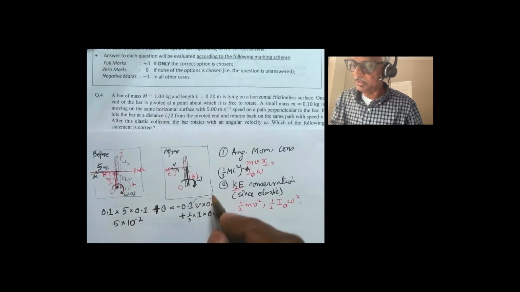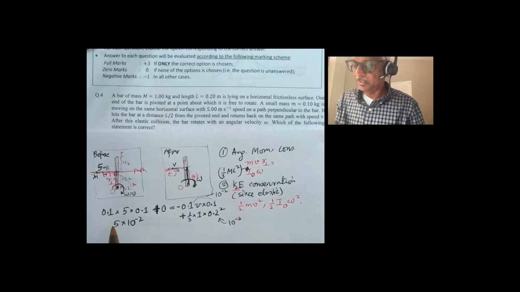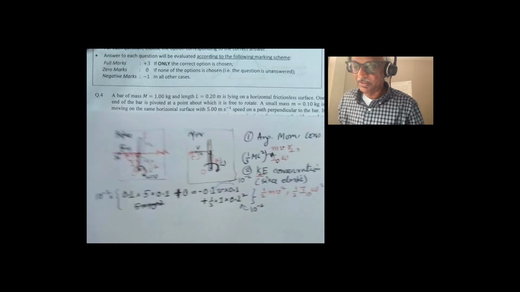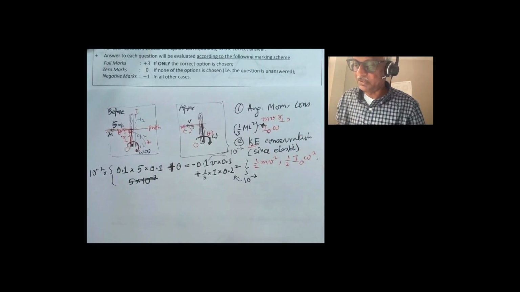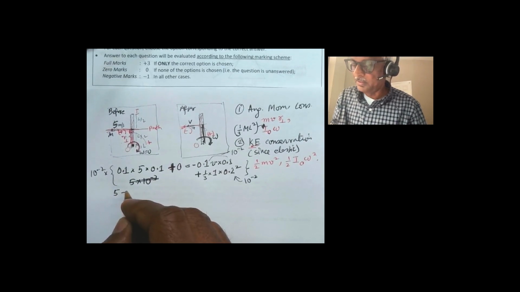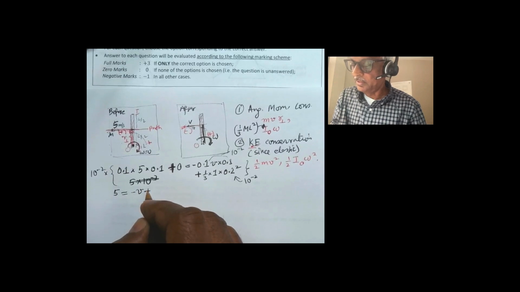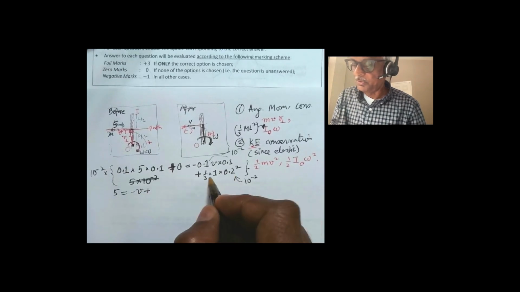We can multiply everything by 10 to the minus 2, and you will start to get 5 equals minus v plus 4/3 omega.